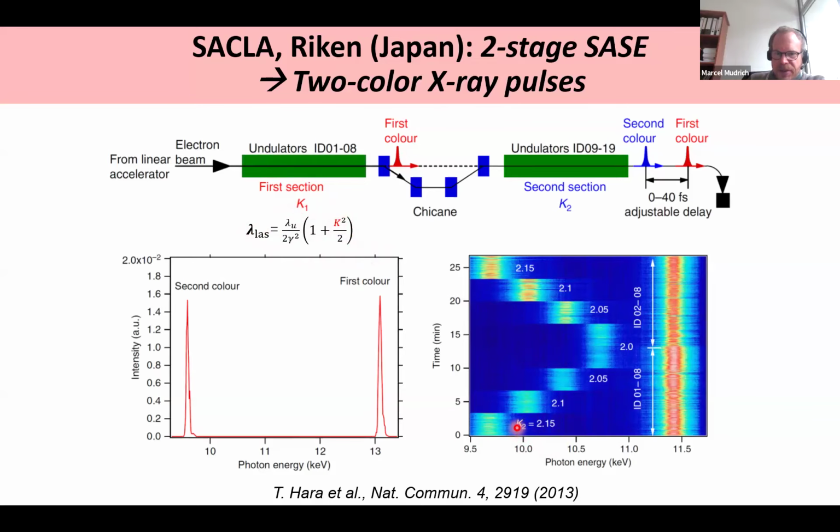So here you can see that the K2 was stepped through these different values. In this way, the photon energy of one pulse was changed in a very controlled way, while keeping the photon energy of the other pulse constant. But I mean, this is SASE emission, so it's not seeded, and therefore each pulse has, of course, quite a broad spectrum.